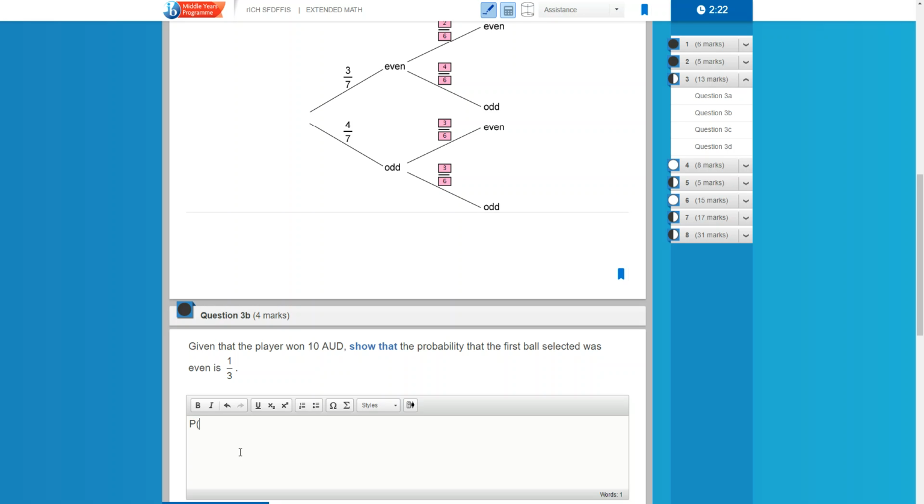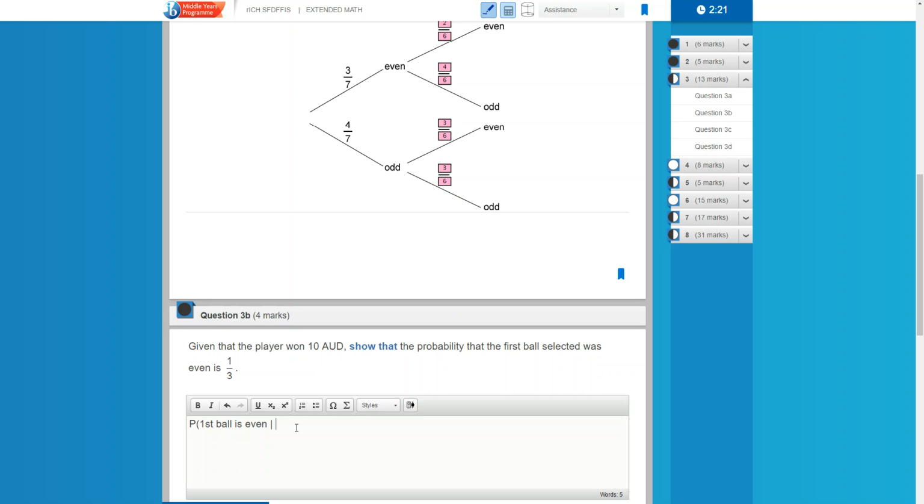Okay, so let's actually type this up. So we want the probability that the first ball is even, given that the player won $10 Australian. And in order to win $10 Australian, both balls have to be even.